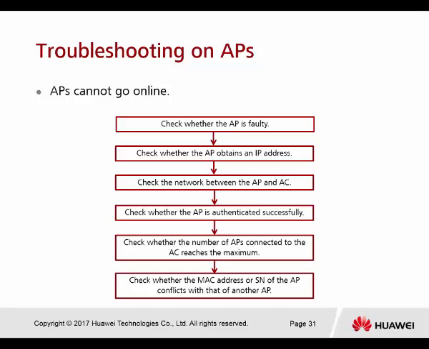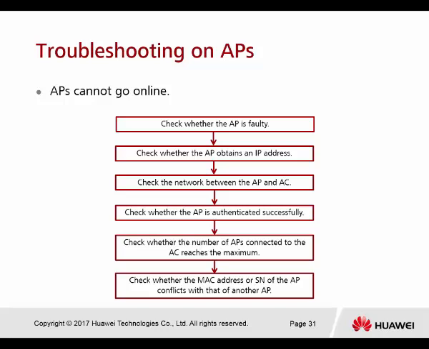When the authentication is already checked, the next one is the number of APs connected to the AC. Has it reached the maximum? Some ACs are not allowed to connect to too many APs. They have a maximum number of APs they can detect and support. So when too many APs exist in the network, the AC will ignore them.